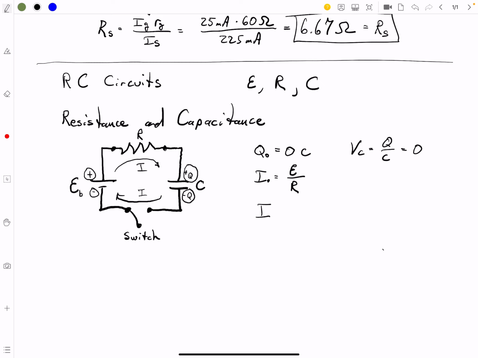Gradually, our I final is going to be 0, because this Q is gradually going to get to a point where it balances completely with the battery. This capacitor is going to balance with the battery, and no charge is going to flow anymore across that resistor. So our I final is going to be 0.